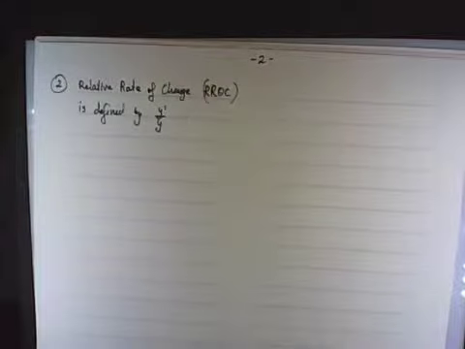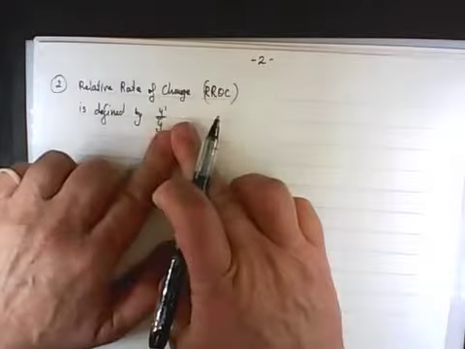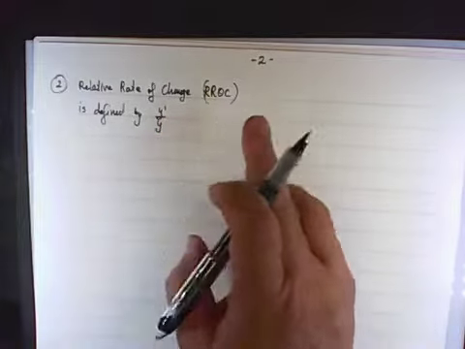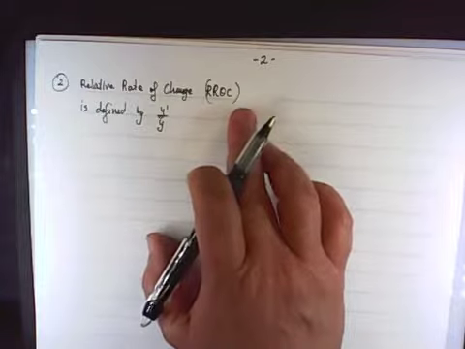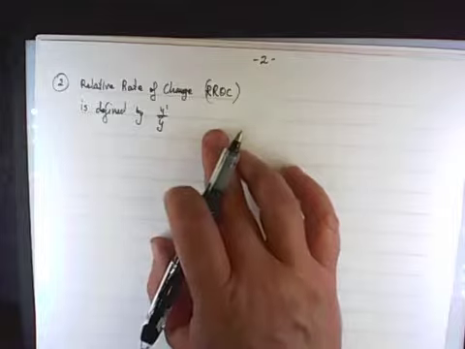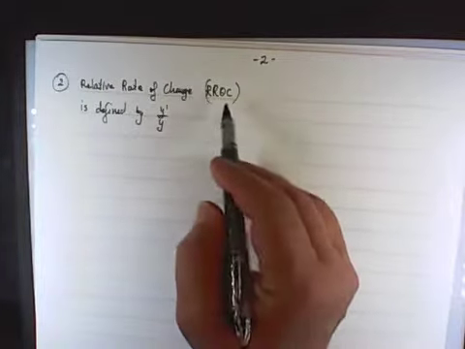Remember, we saw that when you're talking about exponential law, this is equal to a constant. Remember, that will be the relative growth rate, RGR, or relative decay rate, RDR. Another name for it is relative rate of change.